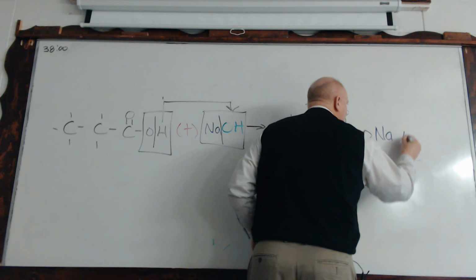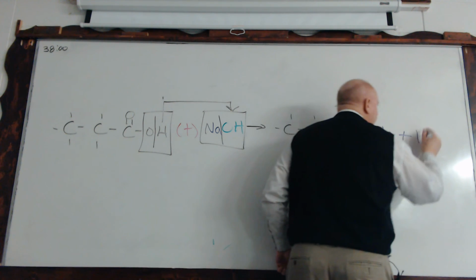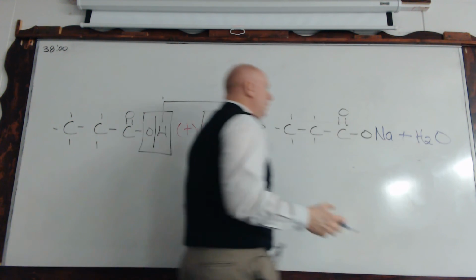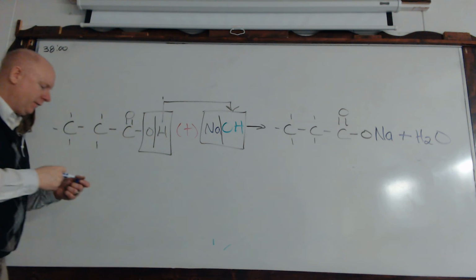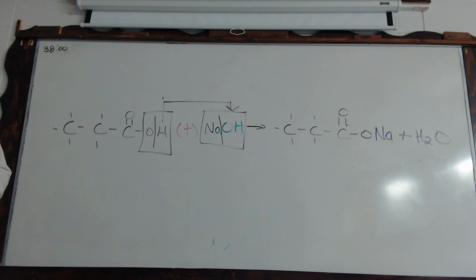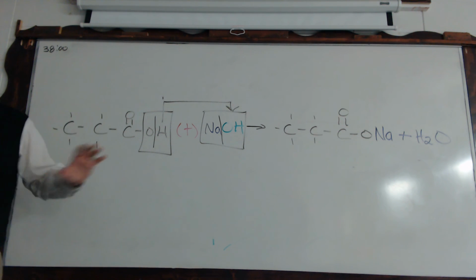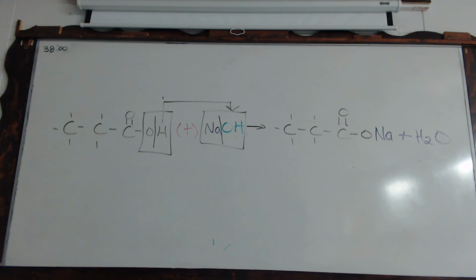And what do we have left over? Like you correctly said, either HOH or water. This is the first step of understanding how ester formation takes place, because it's very similar. The reason it's different is because of what you are reacting that with.